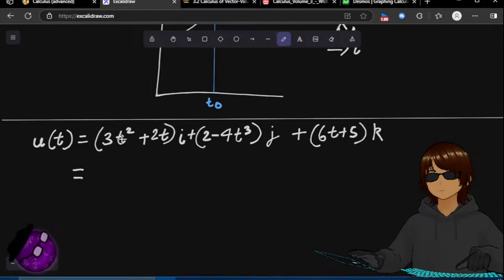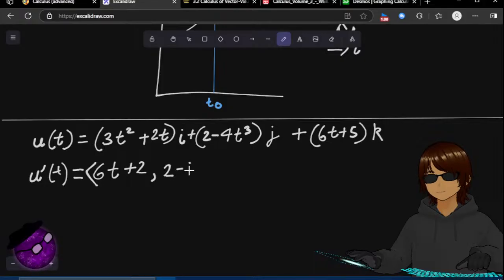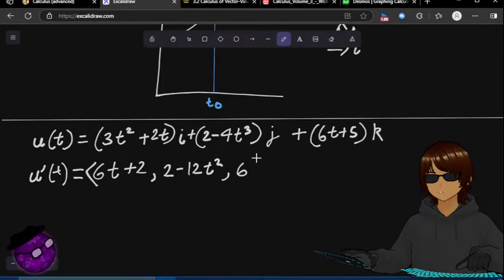So the derivative is 6t plus 2 to minus 12t square 6. There's no 2 actually.